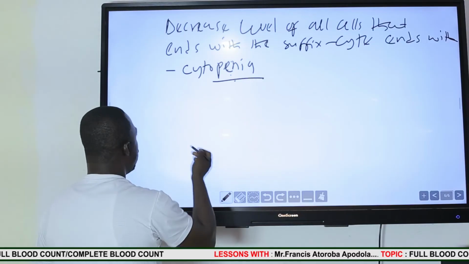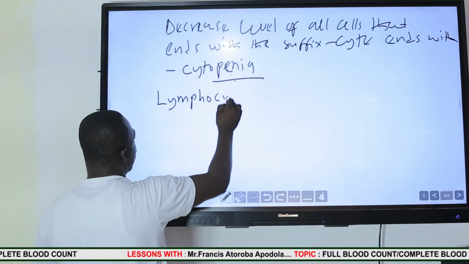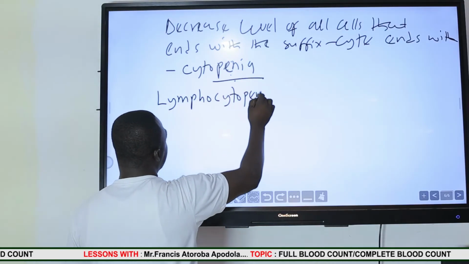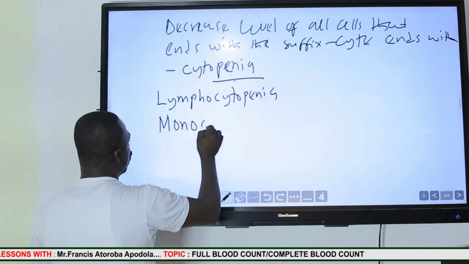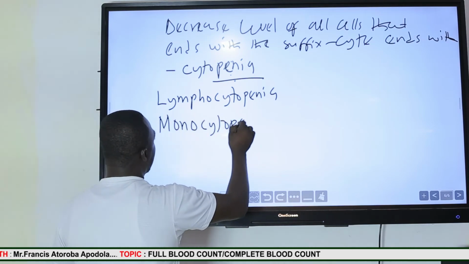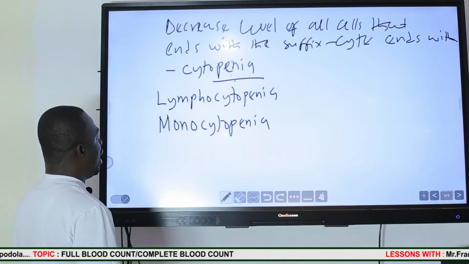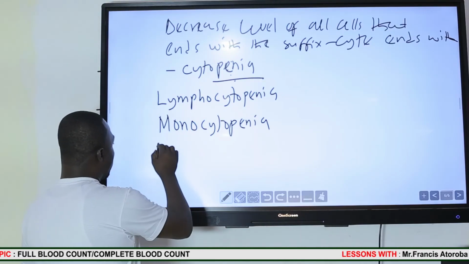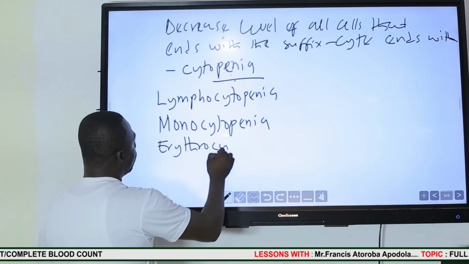So is it lymphocyte that is decreased? That will be called lymphocytopenia. Then we have monocyte, decreased level will be called monocytopenia. Is it erythrocyte levels that are decreased? That will be called erythrocytopenia.